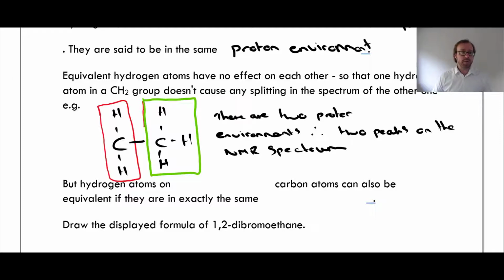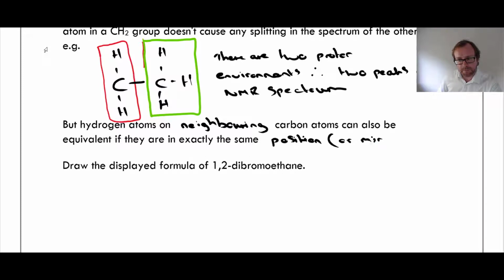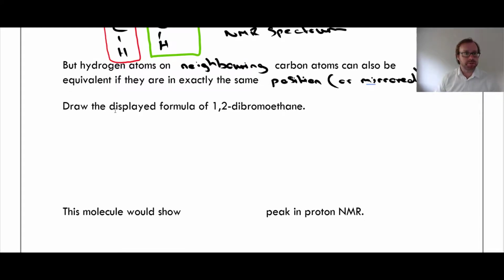But hydrogen atoms on neighboring carbon atoms can also be equivalent if they are in exactly the same position, usually mirrored. Okay, for example, and it makes more sense as we do an example.